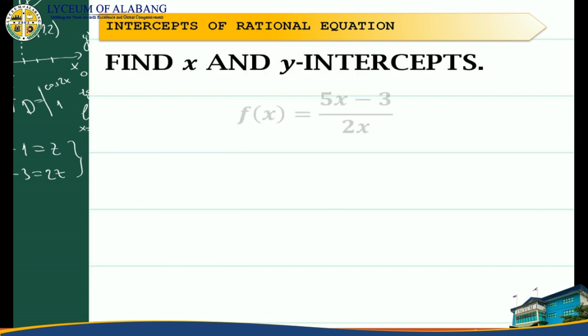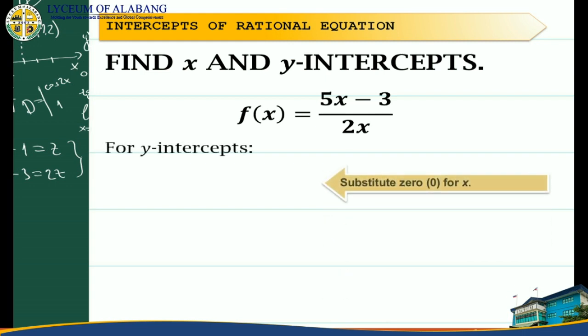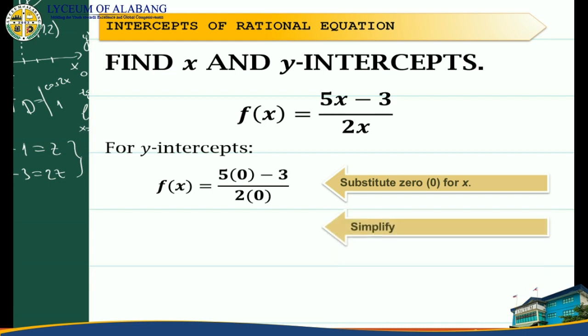Again, using the function f of x is equal to 5x minus 3 over 2x, for y-intercepts, substitute 0 for x, and we get f of x is equal to 5 times 0 minus 3 over 2 times 0. Then, simplify. So we have y is equal to negative 3 over 0.